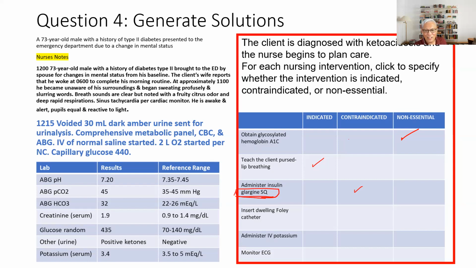So treatment for DKA is with regular insulin, not with glargine, because it can be given IV and titrated to slowly achieve the goals. All right. So what type of insulin is glargine, by the way? It's a long-acting insulin. It usually is given once daily.